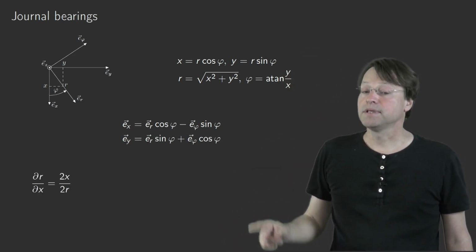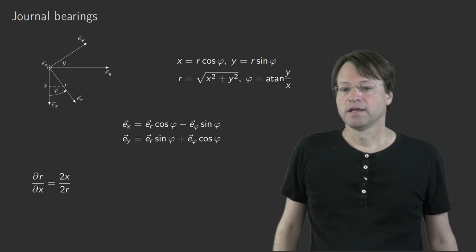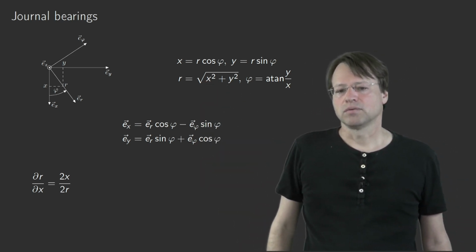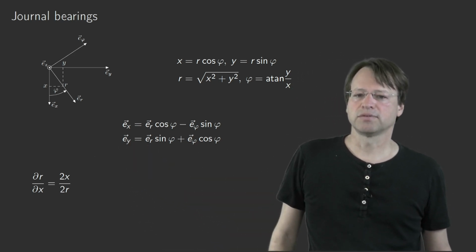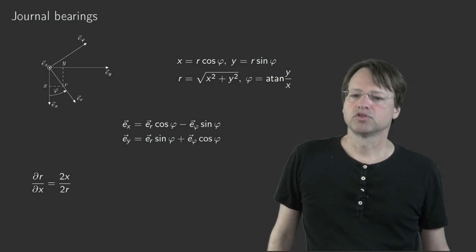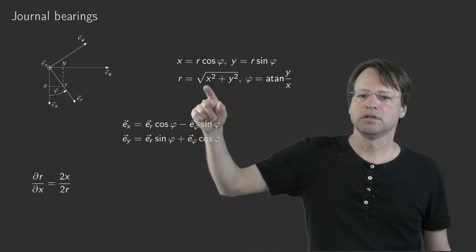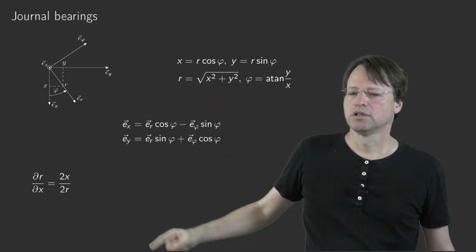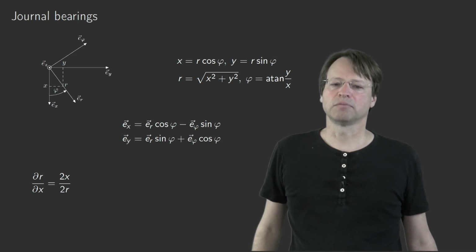So next we have to compute the partial derivatives of our coordinates. So we compute the partial derivatives of r with respect to x and with respect to y. The partial derivative of r with respect to x would be, from this expression here, 2x divided by 2r, which would be x divided by r.